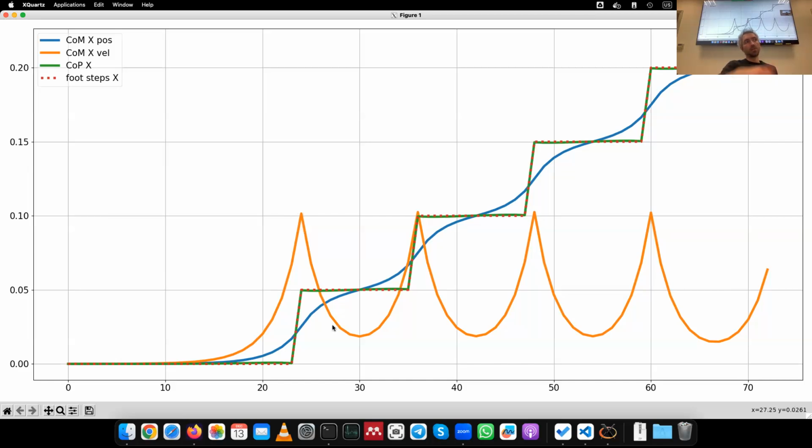So you see, connecting to what we were discussing before, even if the center of mass trajectory is not differentiable because the velocity has this point of non-differentiability, the problem that we have is completely differentiable. It's just a QP.